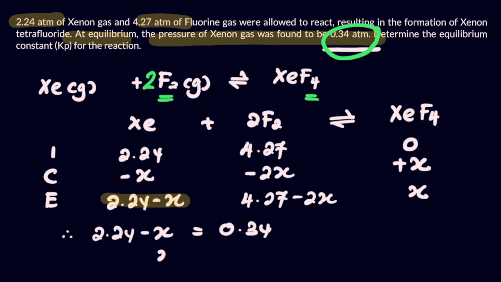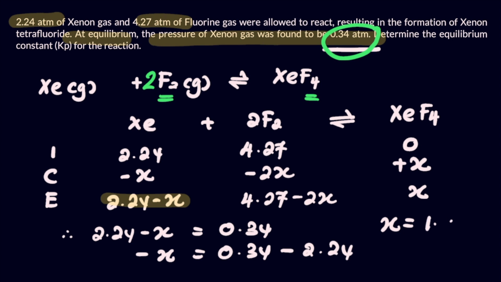Therefore, you will get x is equivalent to 2.24 minus 0.34. Hence, x is equivalent to 1.9. What we need to do now is substitute x with 1.9.